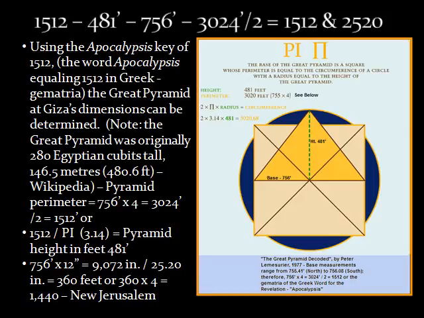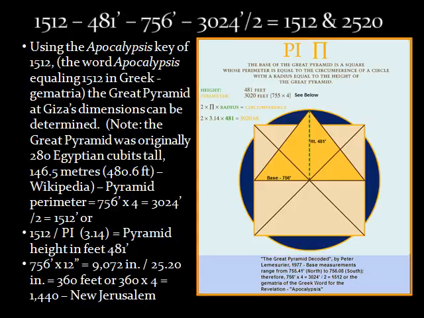the Great Pyramid at Giza's dimensions can be determined. Note, the Great Pyramid was originally 280 Egyptian cubits tall, that is 146.5 meters, or 480.6 feet, 481, according to Wikipedia.